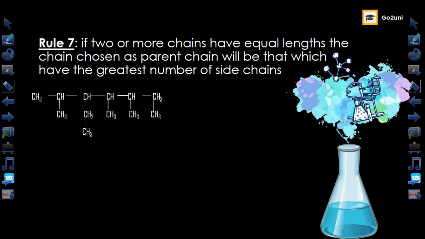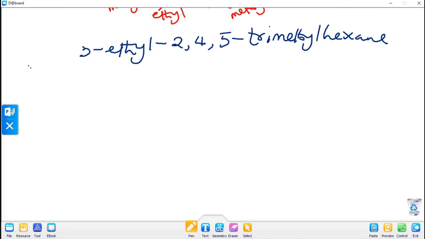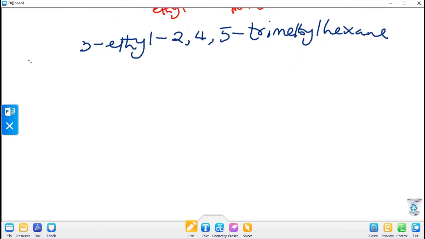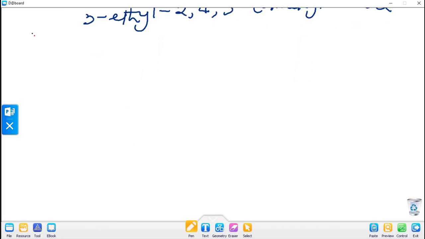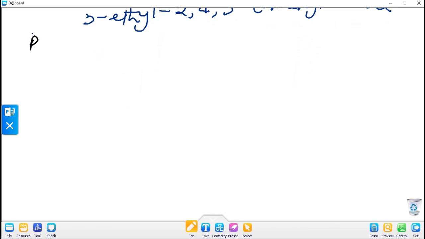Let us now understand better what that rule is saying. So we kindly take up our rule 6 and let's look at our rule 7. So we have our rule 7 next.